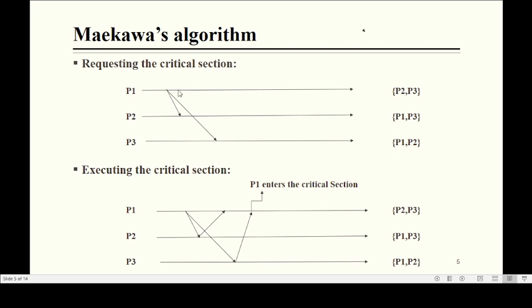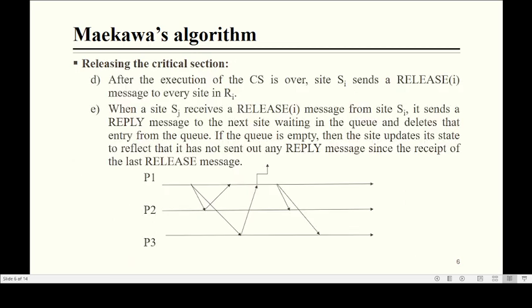Now, after receiving the request message from P1, P2 and P3 are sending back the reply messages to P1. After receiving reply messages from both the sites P2 and P3, P1 is entering into its critical section. It is executing its critical section. The first two stages are over.